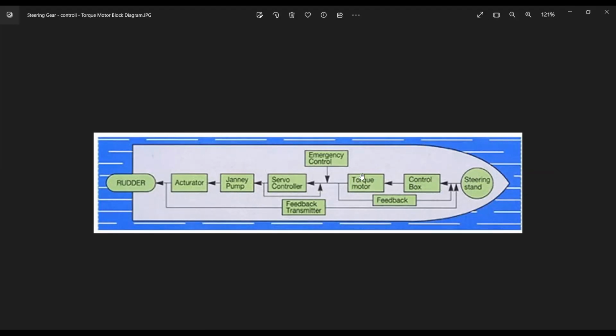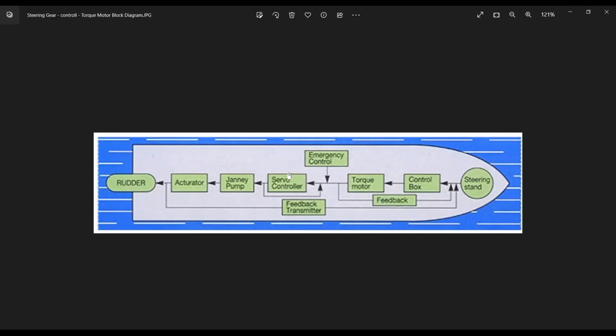It means whatever signal you have given from the bridge, port, starboard, whatever, is taken by electronic controls and transmitted to the torque motor. This torque motor has some hydraulic parts, but it will transmit the signal to the hydraulic servo controller.